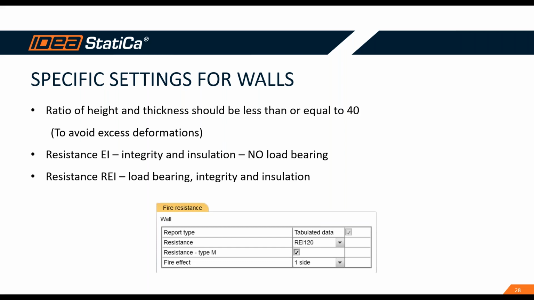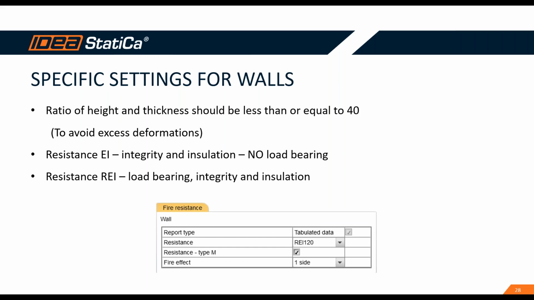If we have a more slender wall, we unfortunately cannot use this simple checking method, and we have to go for more complicated methods for fire resistance. Here we can consider separately resistance type EI, which is for integrity and insulation without load-bearing effect.